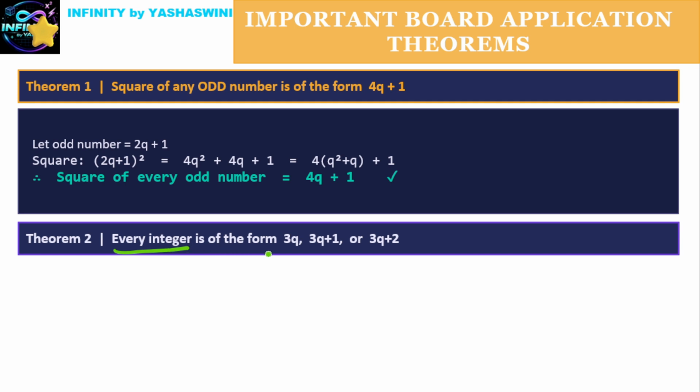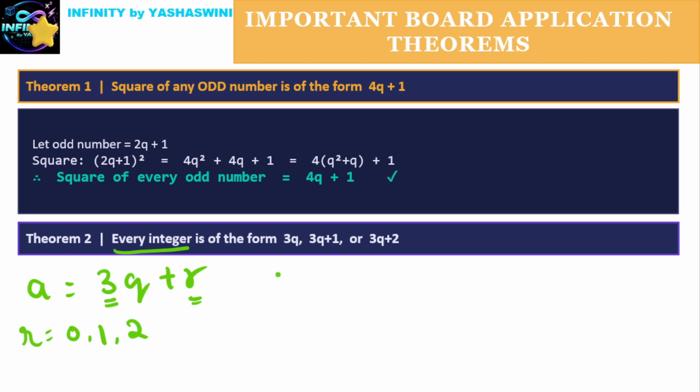Show that every integer is in the form of 3q, 3q plus 1 or 3q plus 2. Using Euclid's division lemma, a is equal to 3q plus r. b is 3. So the possible remainders are 0, 1, 2 because r should be less than 3.